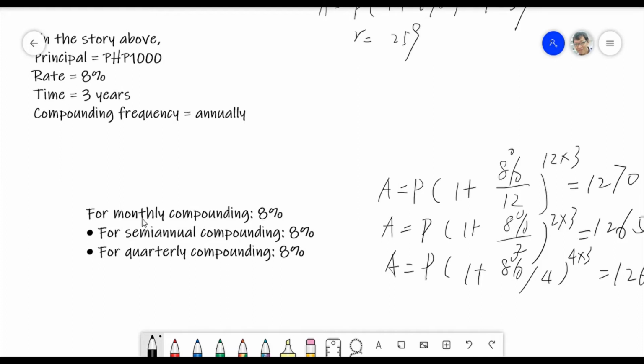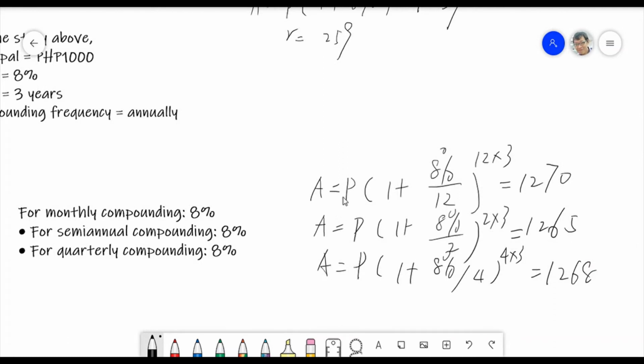Monthly is the smallest, semi-annual is like a half, which is a little higher, and quarterly is in the middle, right? So let's calculate: with the same interest rate and the same principal, after the same period, how much can they get.